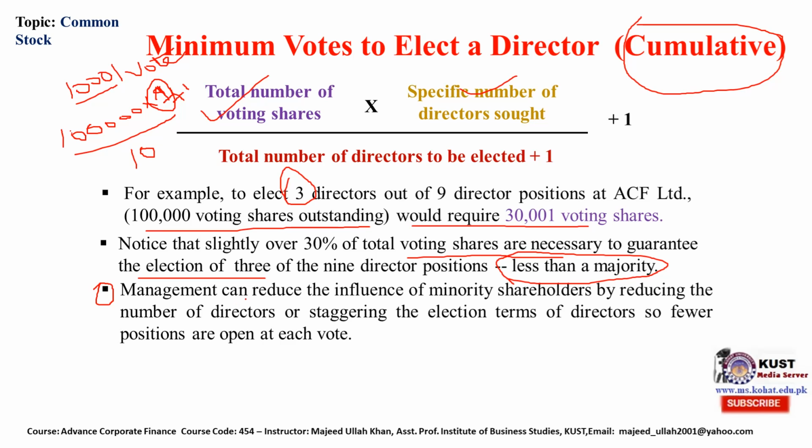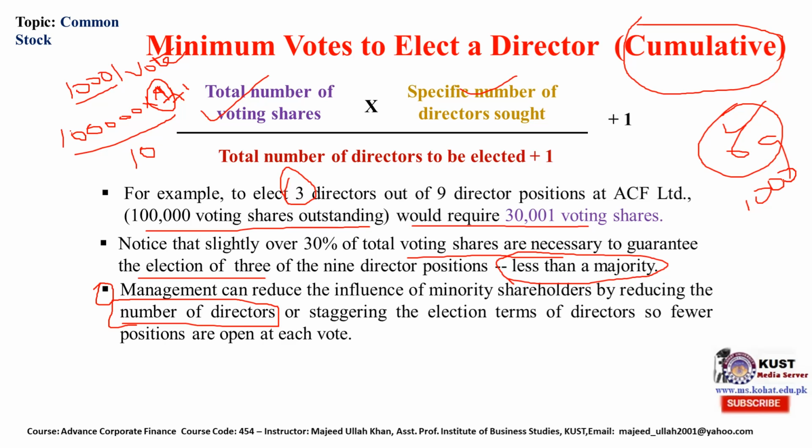In this case, they can reduce the influence of the minority shareholder by reducing the number of directors on the board. If the number is reduced to, let's suppose, 6 directors, then you will need more shares to elect 1 director. In 9 you need, let's suppose, 10,000.